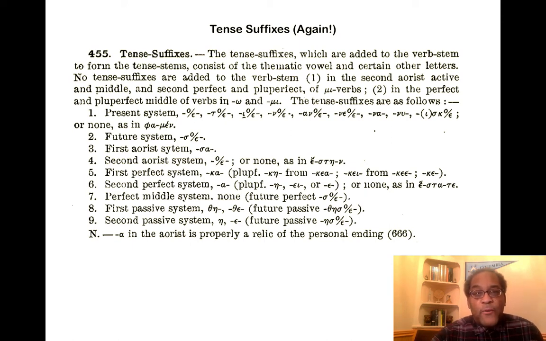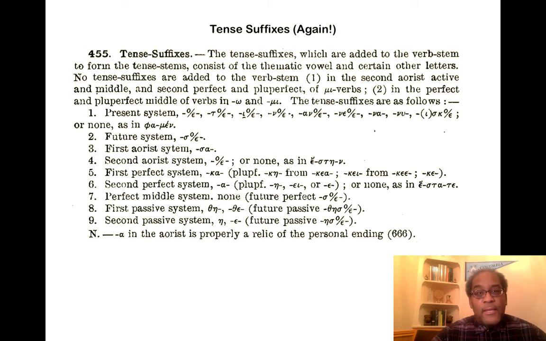But we see that first one, the omicron epsilon of the thematic vowel, which appears before the ending in verbs like luo. And then for the future system, number 2, we see sigma before those same thematic vowels, omicron epsilon, as in luso, luseis, lusei, lusomen.